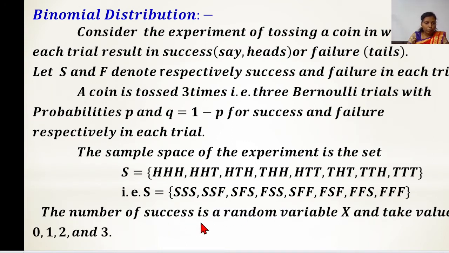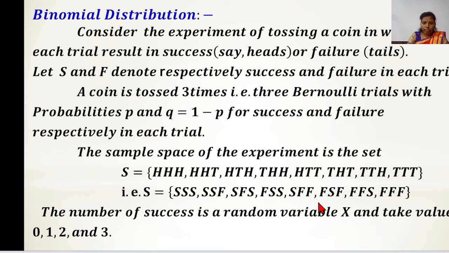Therefore, the number of successes is a random variable X and takes the values 0, 1, 2 and 3. For 0, that is no heads, there is only 1 possible outcome. For only one head, the possible outcomes are FFS, FSF, SFF.